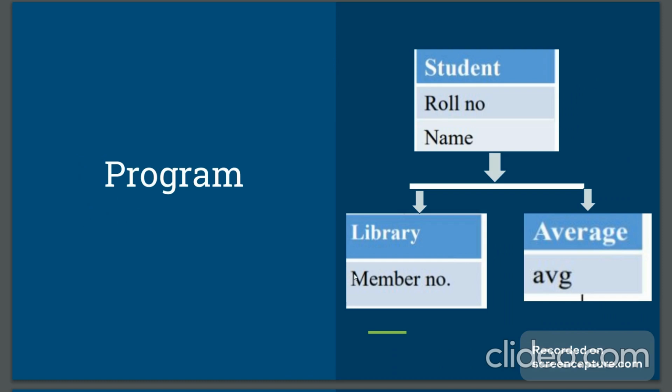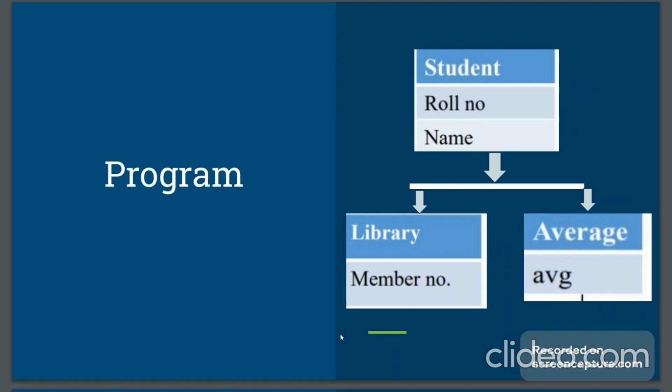Like library is another functionality where it is not making any sense with the average, and same vice versa. So there is no relationship between library and average.